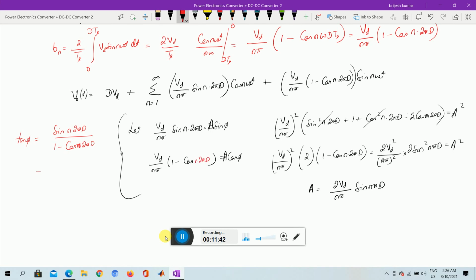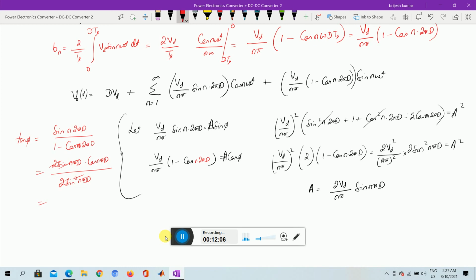So here we can write 2 sine of n pi d into cos of n pi d, and the denominator 1 minus cos is 2 sine square n pi d. Here this sine and this 2 cancel out, so what remains is the cot.